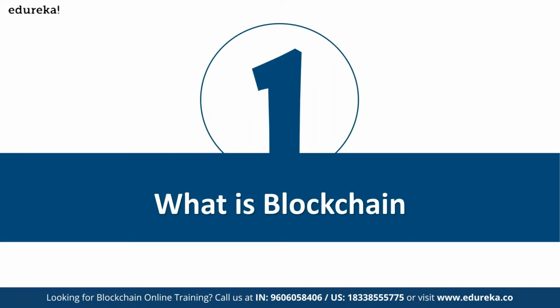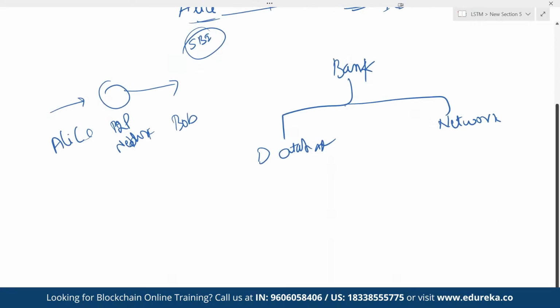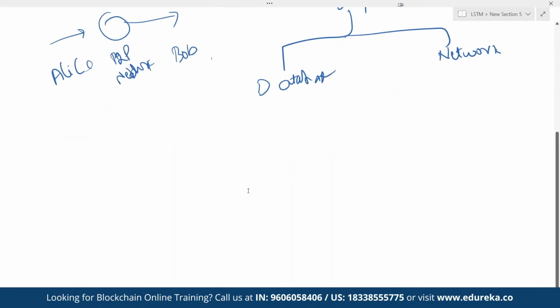We've been talking about the story where Alice wanted to send the money to Bob. I have mentioned that instead of using the bank to complete the transaction, she can send the money with the help of Bitcoin, and she can make use of a peer-to-peer network. Instead of logging into her net banking portal, she just has to connect to the node.